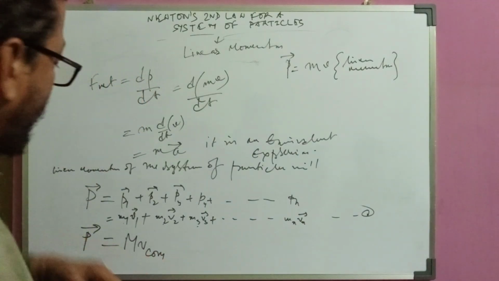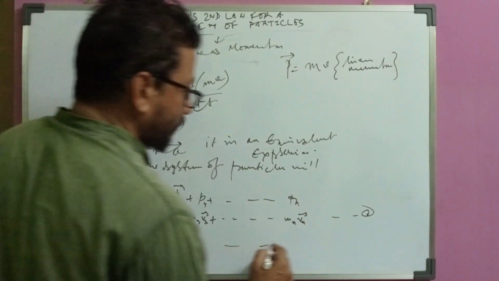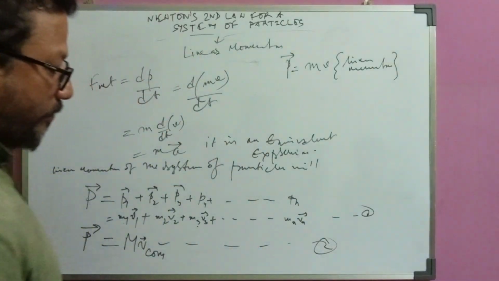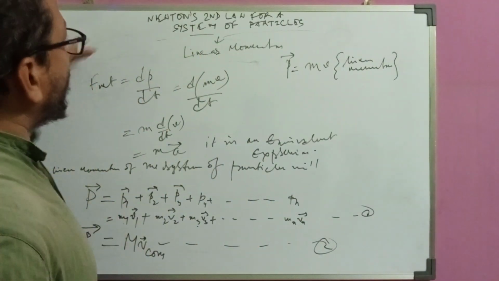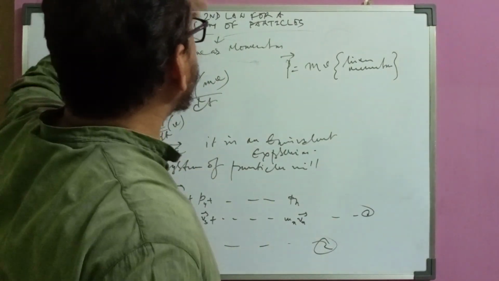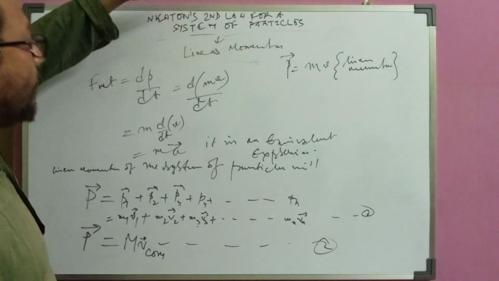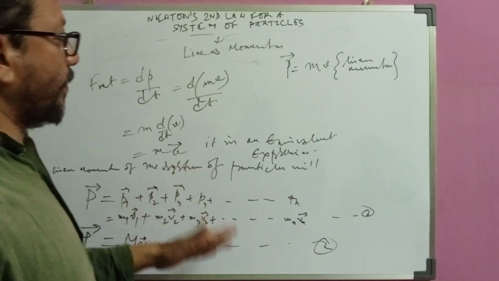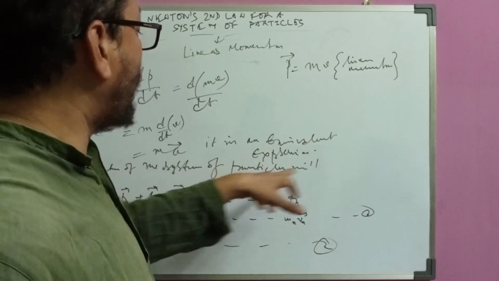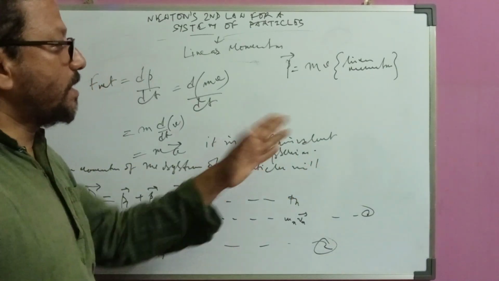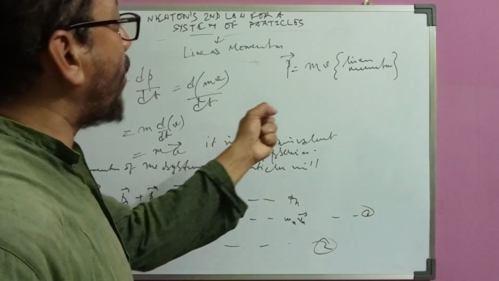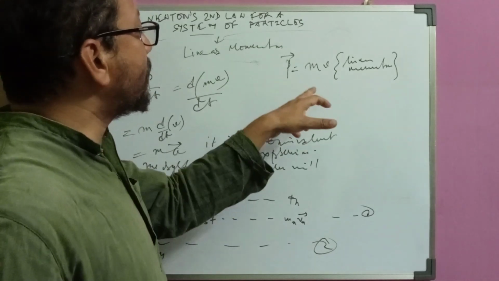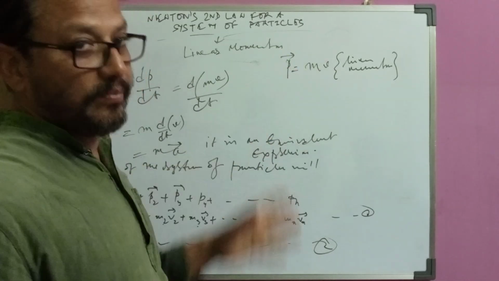As usual, it has been proved, equation number 2. So from Newton's second law for the system of particles to linear momentum, it has been proved. It also gave the equivalent expressions.